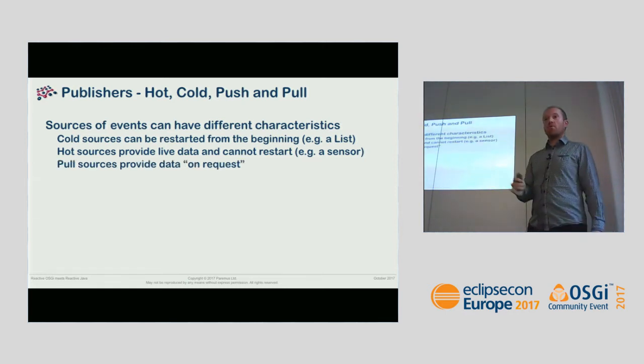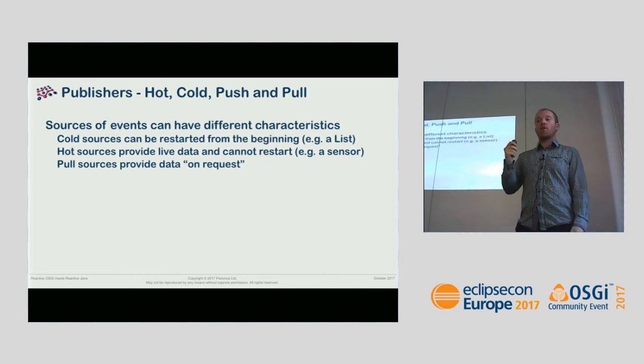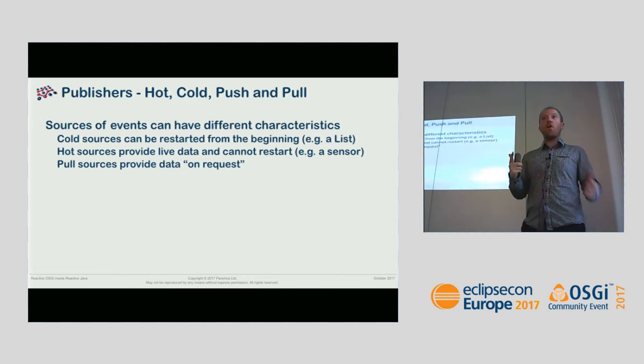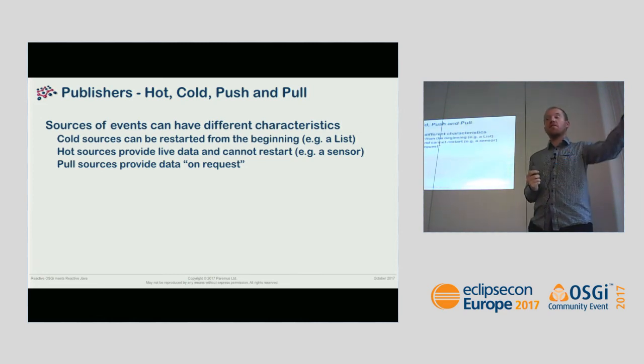A pull source is one that is on request, so it is possible to be both hot and pull. So if you've got a temperature sensor that gives you a reading when you ask for it, and you say, what's the temperature now? And then again, what's the temperature now? You can't say, what was the temperature 10 minutes ago? It can't tell you that.